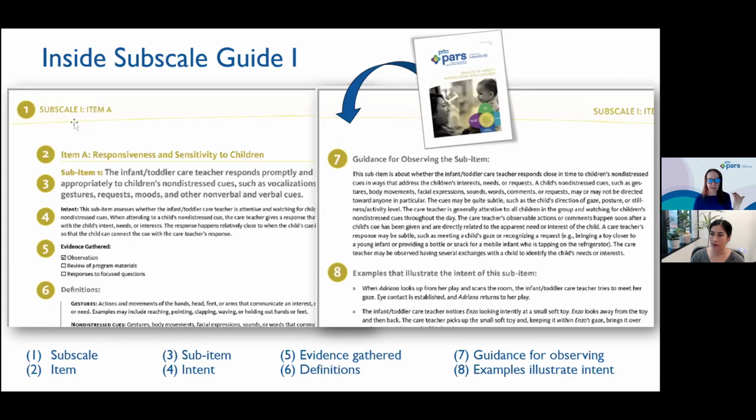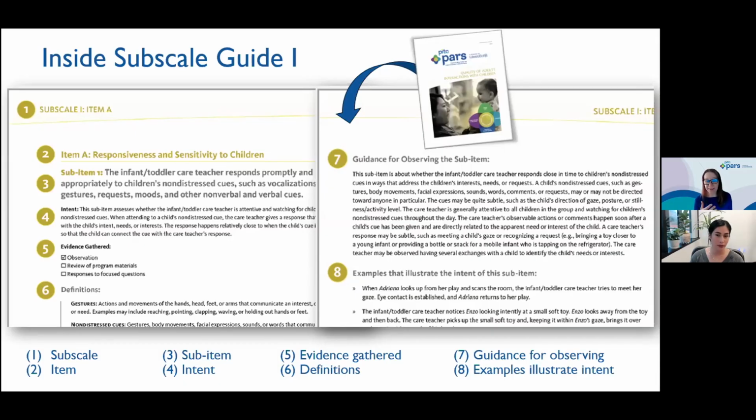First you'll see the identification of the subscale guide, the identification of the item that this sub-item resides in, and the sub-item labeled, which as we said, was the infant toddler care teacher responds promptly and appropriately to children's non-distress cues, such as vocalizations, gestures, requests, moods, and other verbal and nonverbal cues.